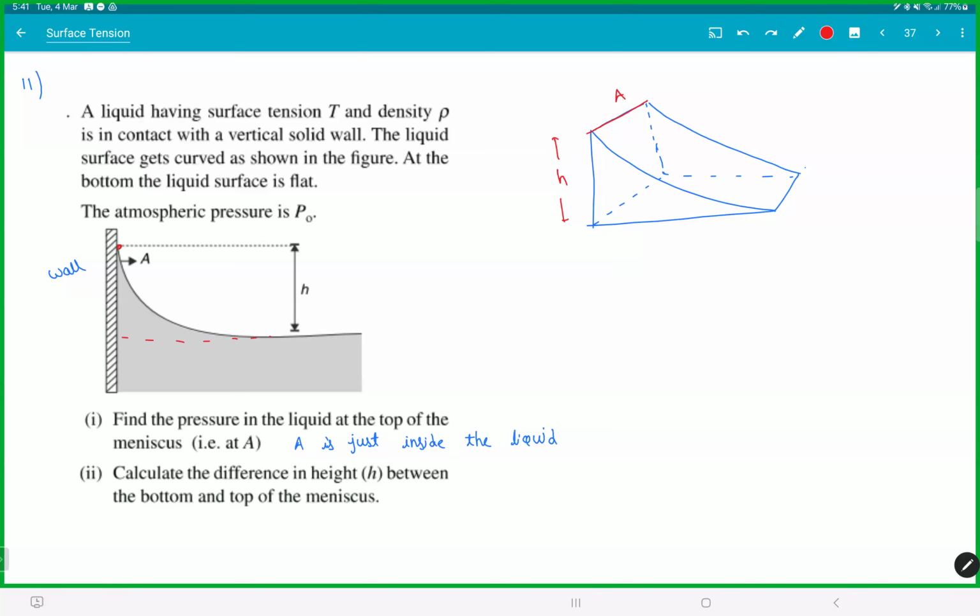But how many forces are there? If I ask you, in total, how many forces are there?